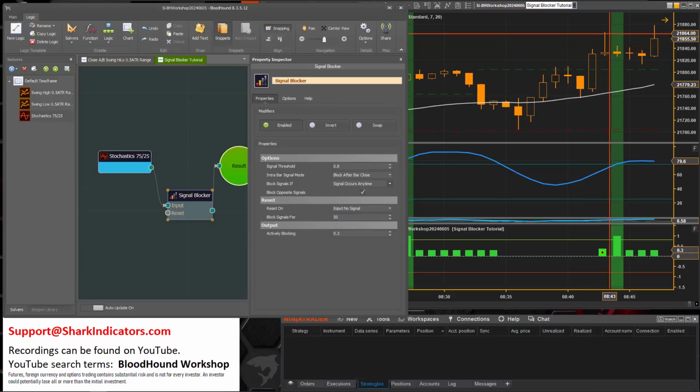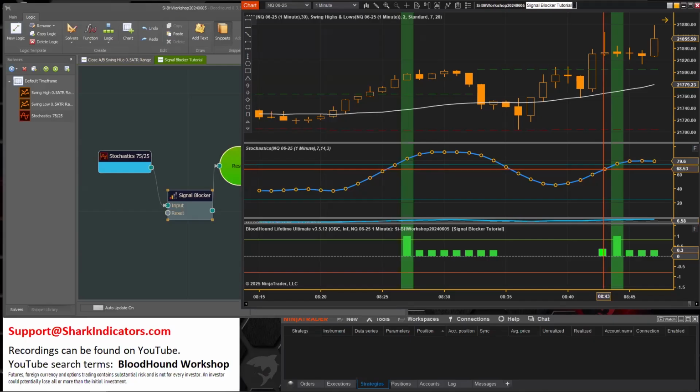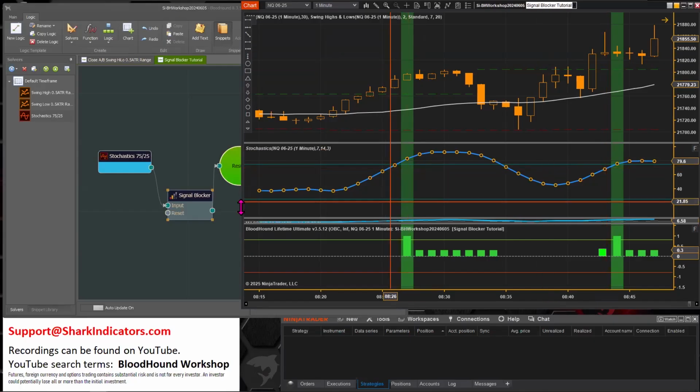Obviously when price pulled back, there's no longer a signal. So do you still want to block even though price pulled back and when the bar closed there was no signal? The stochastics is down here, so there is no signal when the bar closed.